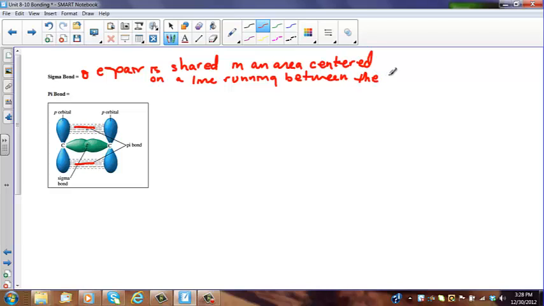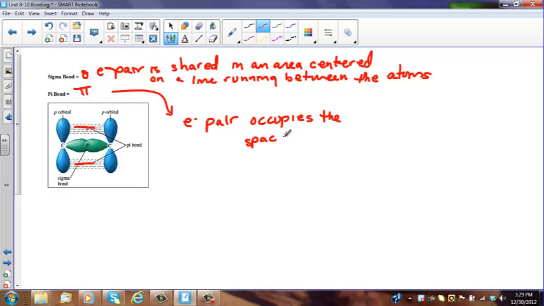And as we said, in a pi bond the electron pair being shared occupies the space above or below basically the sigma bond.